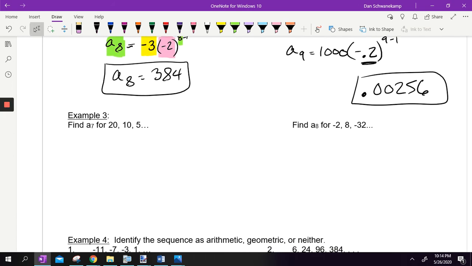Let's keep it going. Find a sub 7. So we're finding a sub 7. A sub 1 is 20. My ratio goes there, and then it's n minus 1, so 7 minus 1. I need to know my r. If I want to find my r, I take any number and divide by the one in front of it. 10 divided by 20, my ratio is a half, or 0.5.